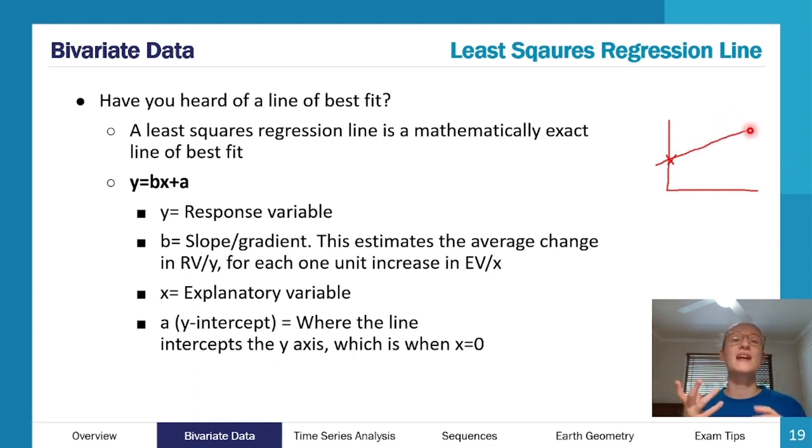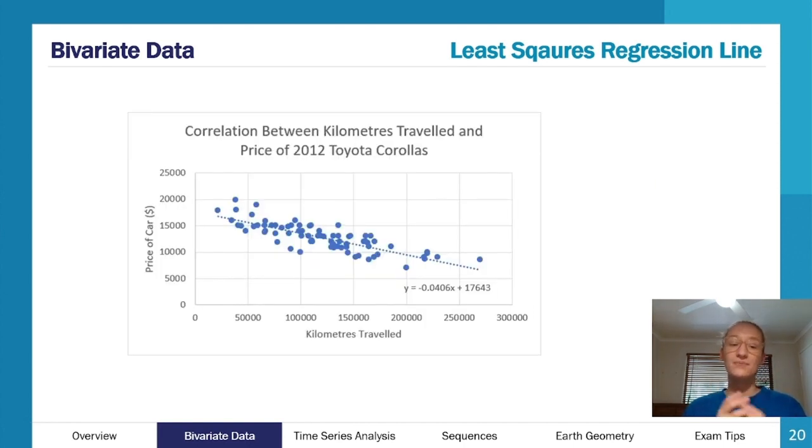So here you can see we're going to have a positive slope or gradient. It's going to slowly increase because for every increase in x, we also see an increase in y. Whereas if I had a negative line, for every increase in x, we're going to have a decrease in y. It depends what type of trend pattern relationship we're looking at. But that is a quick overview of how to interpret the least squares regression line. So here you can see I've got an example.